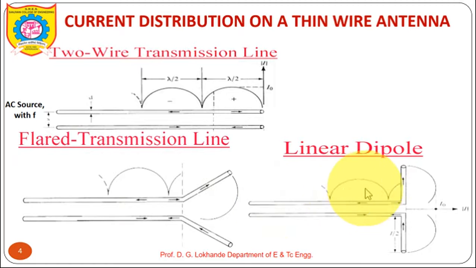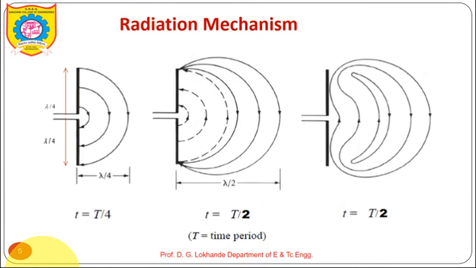The third one is the linear dipole, where the dipoles are open and in vertical manner. Whatever charge is developed on that specific dipole develops the electric field over there, and it starts radiating the signal. So this is all about how the current distribution takes place on a thin wire antenna.